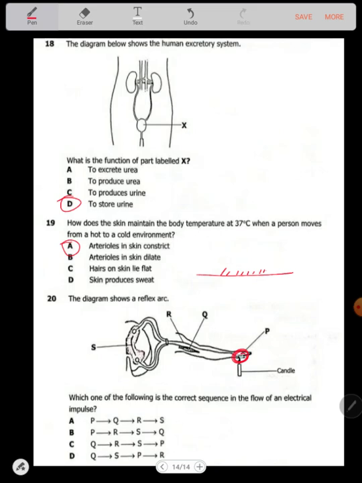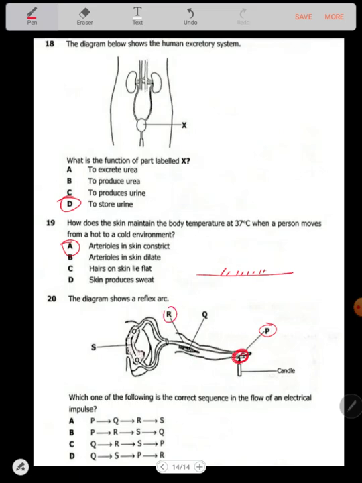So from there, how does it flow? From the receptor, there's a sensory neuron, there's a relay neuron, then there's a motor neuron. That's the last part. So from the receptor here, it follows the sensory neuron, which is the P part. So P has to start first.